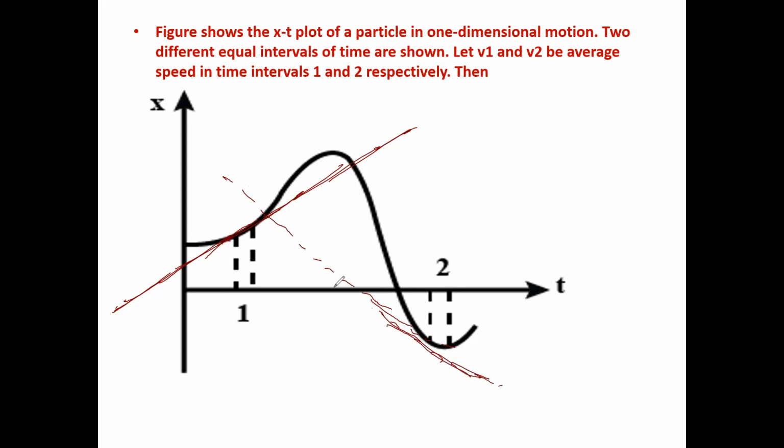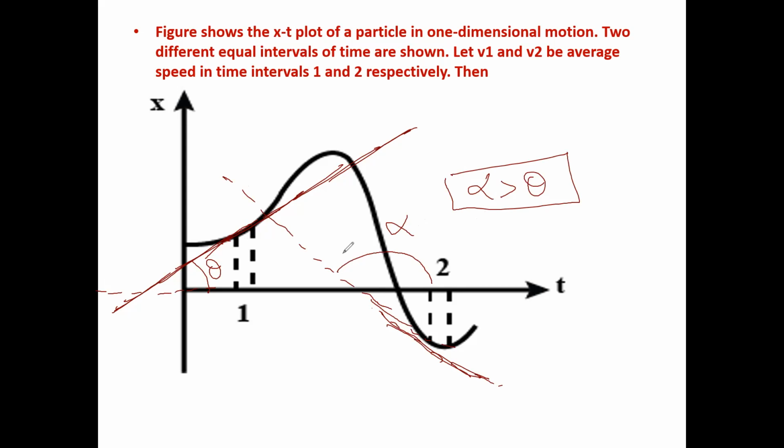Now, when I draw these tangents, whichever tangent is making the maximum angle, okay, this angle is theta, and this angle is alpha. Which is greater? Alpha is greater than theta, right? Do you get this?